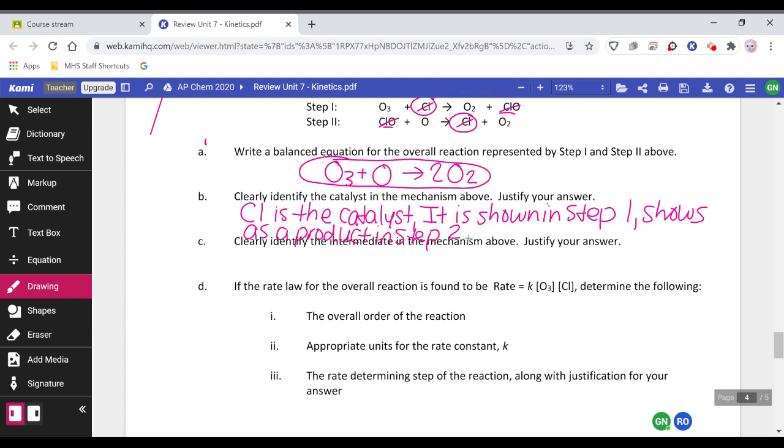We also want to point out it remains unchanged, because we know a catalyst is not changed during the reaction. Clearly identify the intermediate, and so the intermediate would be our ClO.